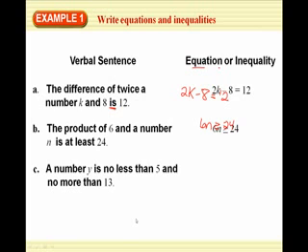A number y is no less than 5 and no more than 13. So that's going to be 2 inequalities. Here we have y right here. And it's got to be no less than 5. So y has to be, number 5 goes here.